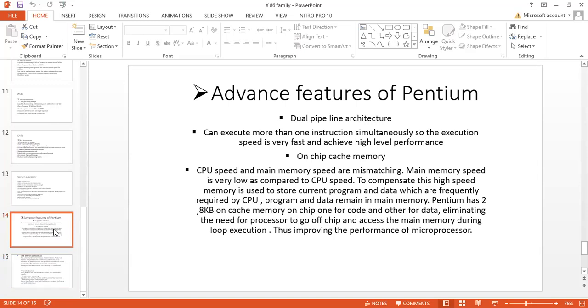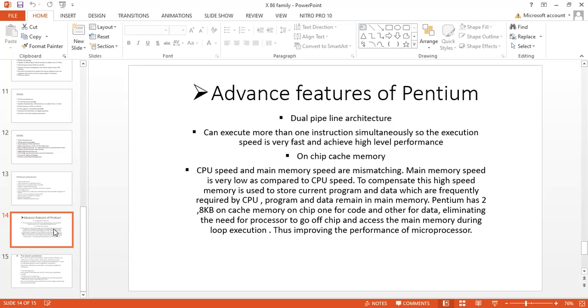On-chip cache memory, if you see, basically is to improve the processing speed, because memory is slower than your CPU, right? So CPU speed is faster than your main memory speed. So the instructions or the data which are required often are stored in a memory which is faster than this slower memory, which is called cache memory.